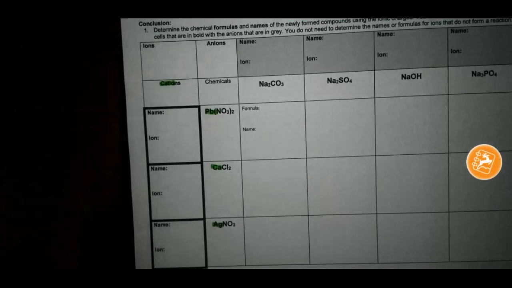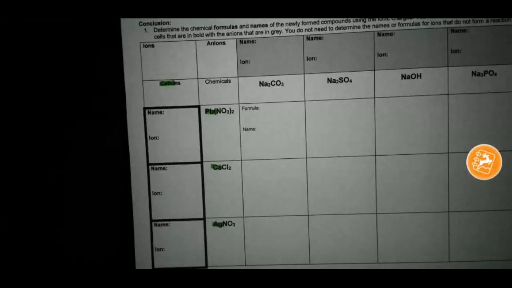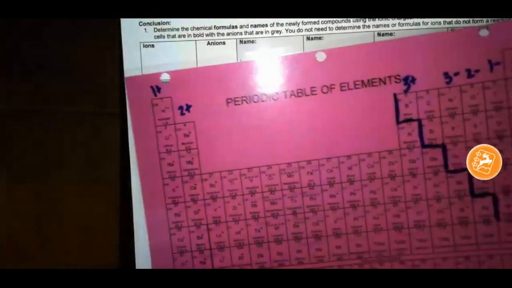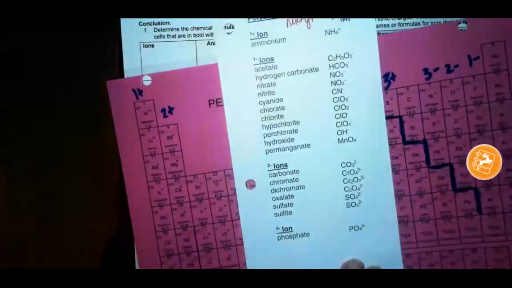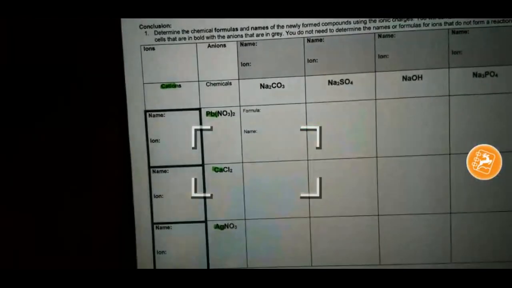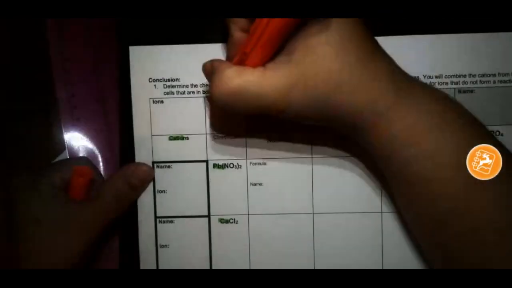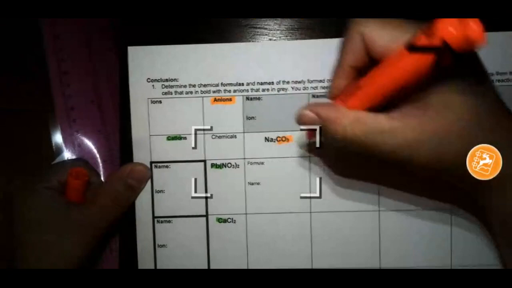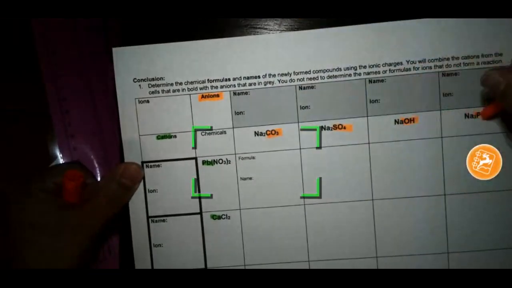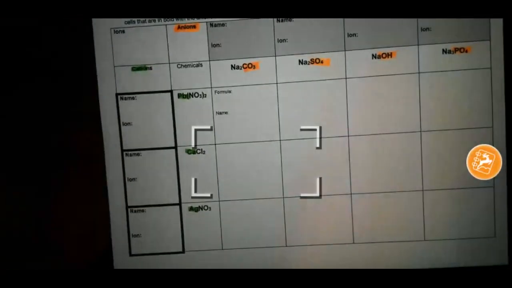So I'm going to go ahead and look at those. And I'll need my periodic table and my polyatomic ion sheet. But I'm going to highlight my anions. Okay.